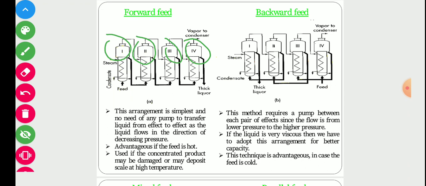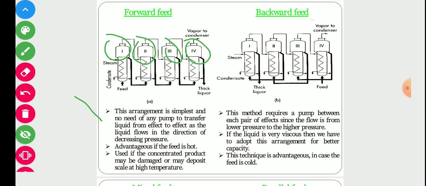The fluid moves automatically due to the pressure difference. This arrangement is simplest, and there is no need for any pump to transfer liquid from one effect to the next, as the liquid flows in the direction of decreasing pressure.